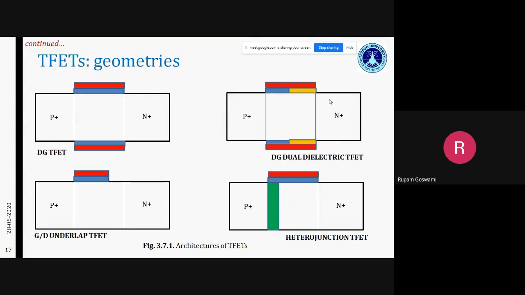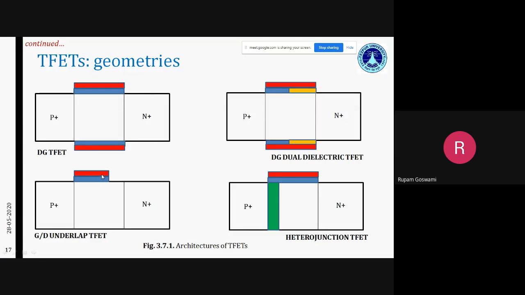But you will see that if you are keeping the gate over the entire channel, you will find some leakage, and there will be a significant amount of current even when the P-type TFET is switched on. So this causes a very great problem in digital circuits. Therefore, in order to eliminate this disadvantage, we introduce this underlap.